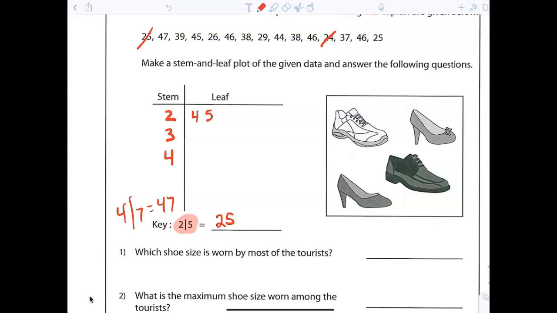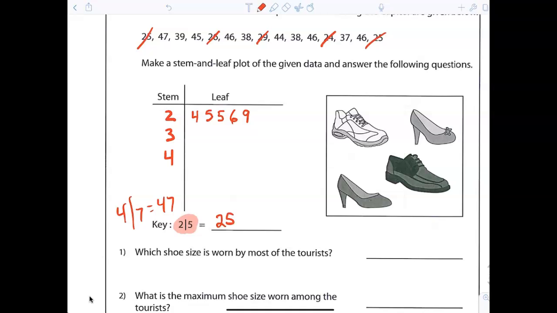Then 25 again. And then 26 goes next, and 29, 29. Is everybody good with that? Does everybody see? That's just simple, right?